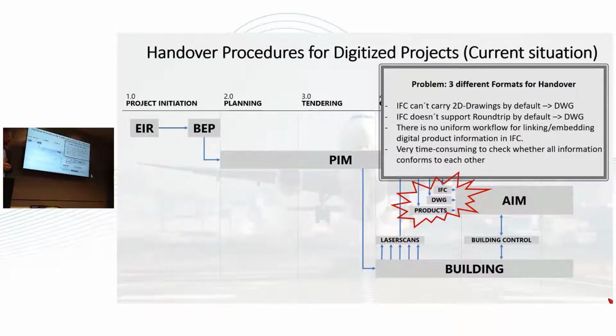The next important thing is, if you have product information, there is not a common way to integrate product information in models or to link it to models. The product industry is thinking about a lot of things, but there is not a harmonized procedure for how to work with product information regarding BIM models.